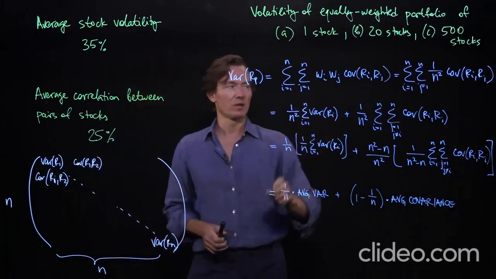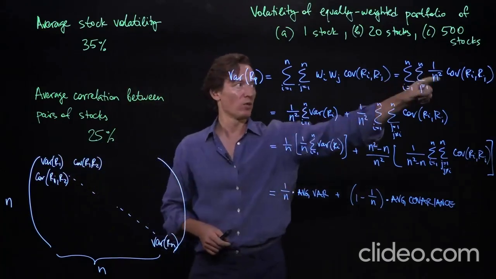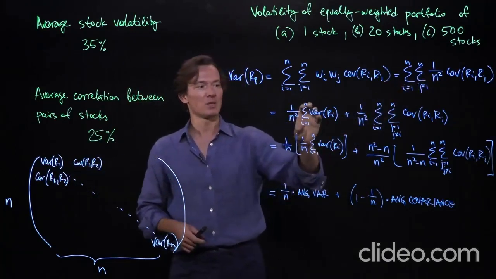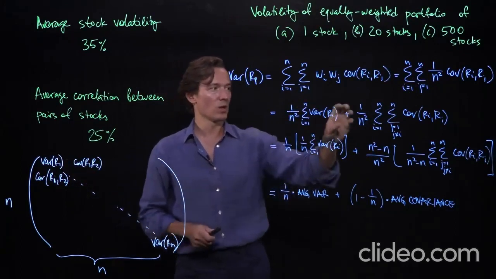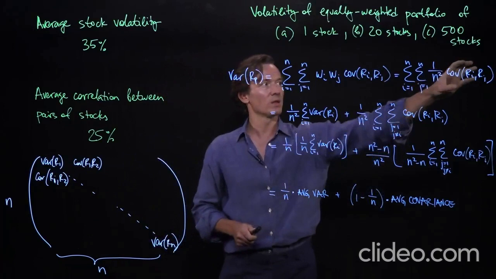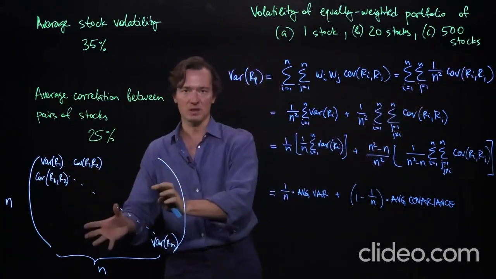So I'm taking the variance, and there are n of them, and so 1 over n squared times the sum of these variances, plus 1 over n squared times the remaining sum of all possible covariances here.